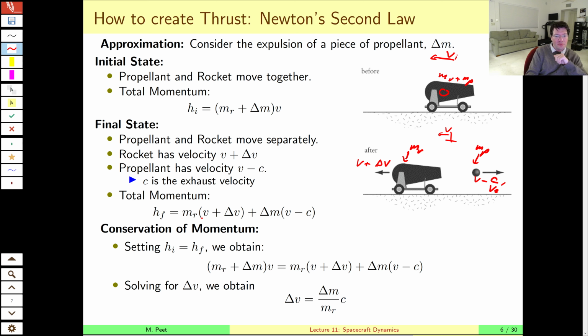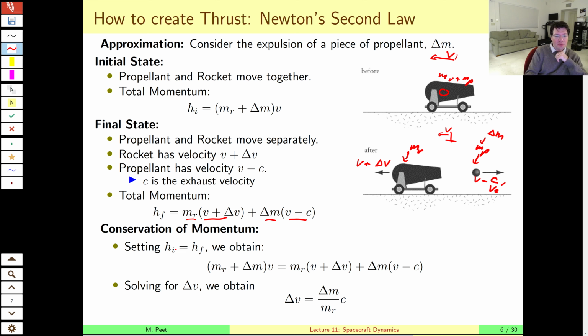So the total momentum after firing is the mass of the rocket times v plus delta v, plus the mass of the propellant times v minus c. Actually, I should probably label this as delta m, the mass of propellant.